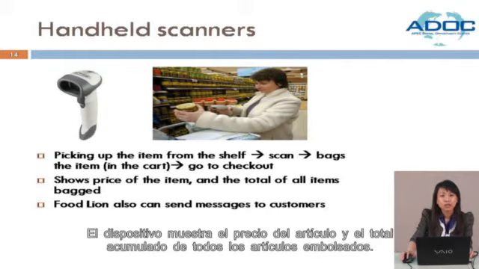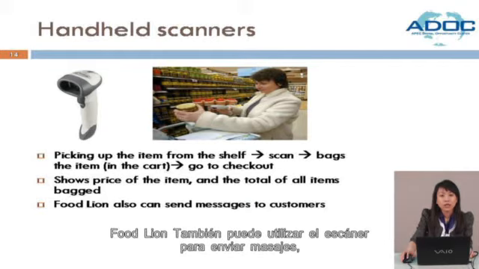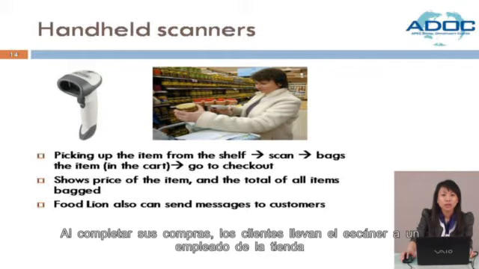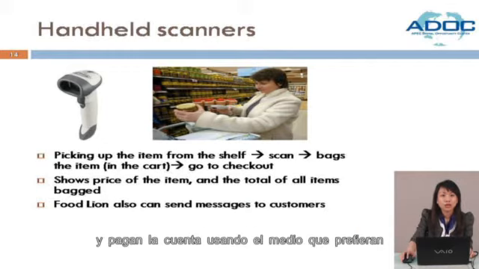The device shows the price of the item and the running total of all items bagged. Food Lion can also use the personal scanner to send messages such as special marketing offers to customers while they are shopping. When they complete their shopping, customers hand the scanner to a store associate and settle the bill using whatever method they prefer.